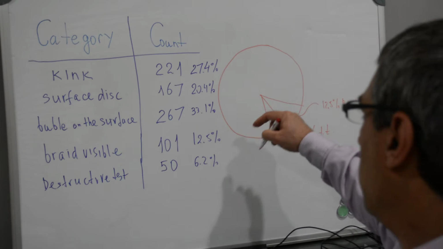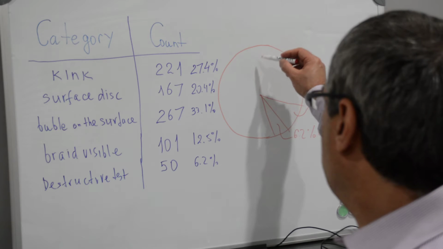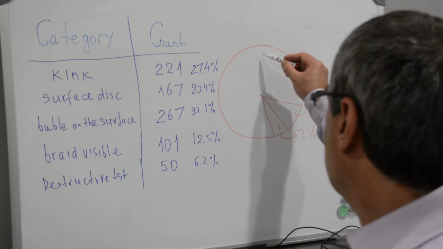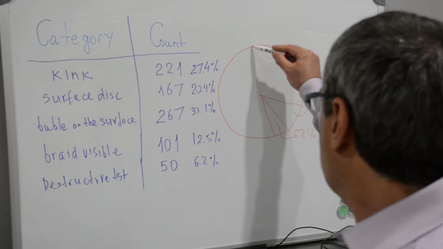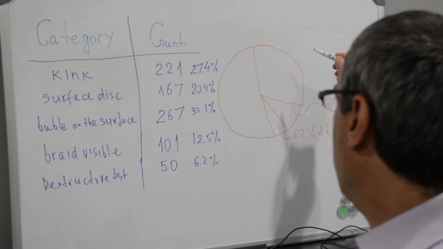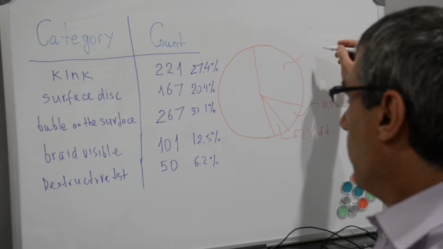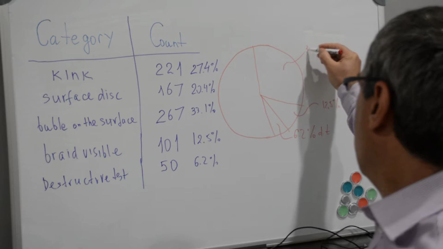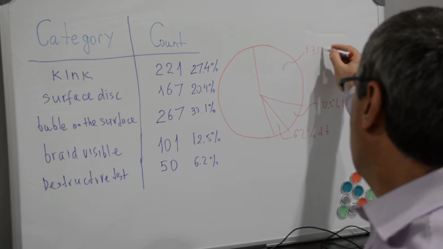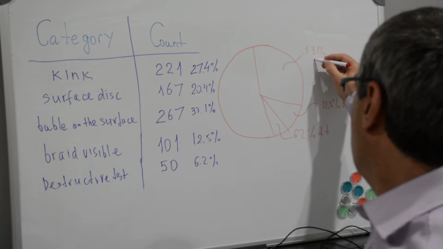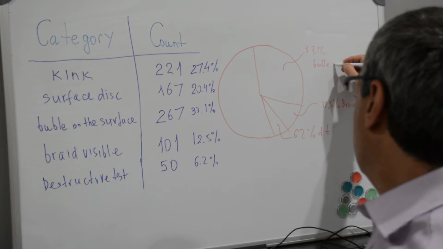Okay, then the rest we could divide almost. Then 33% would be bubble on the surface.